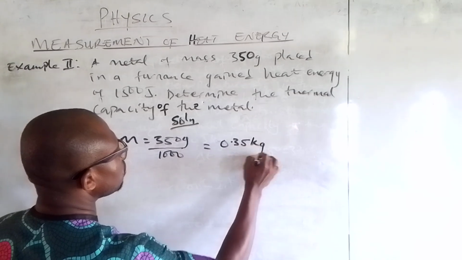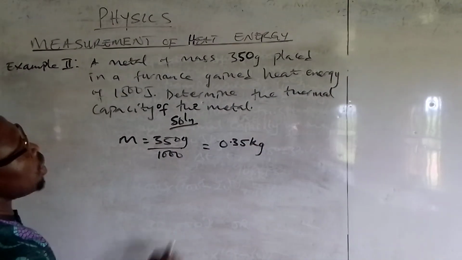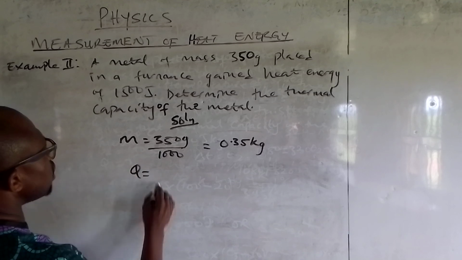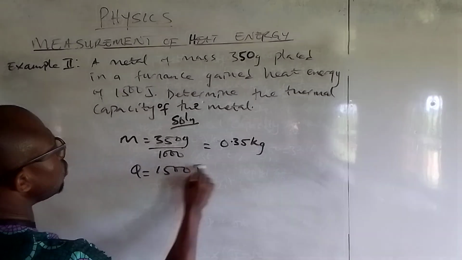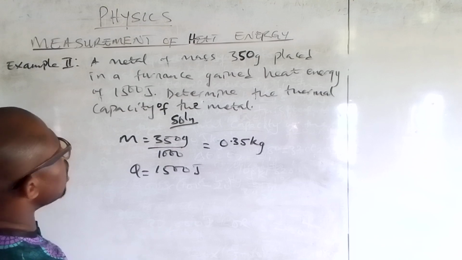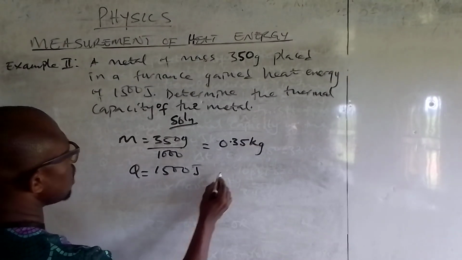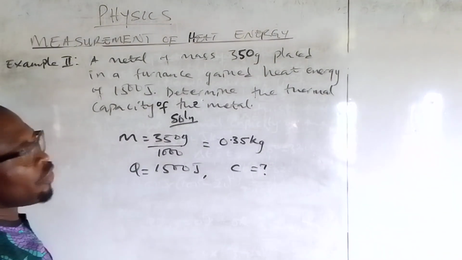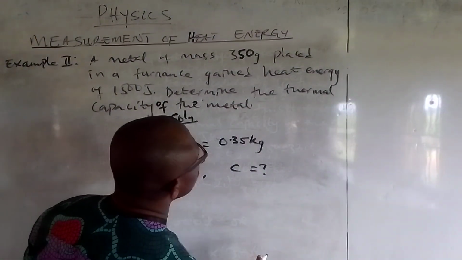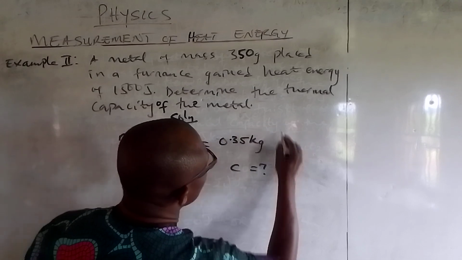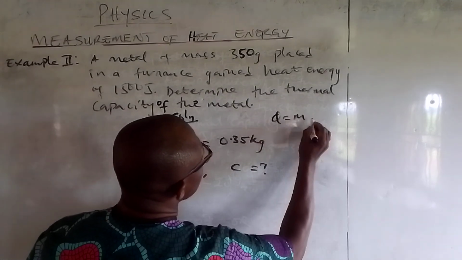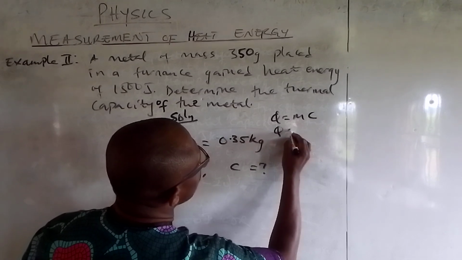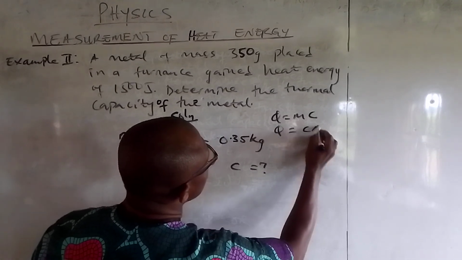kg. Okay. Now, the quantity of heat gain, Q, is 1,500 joules. And C is what we are looking for. Now, from the expressions, the first one, Q is mc, while the second one is Q equals C delta theta.